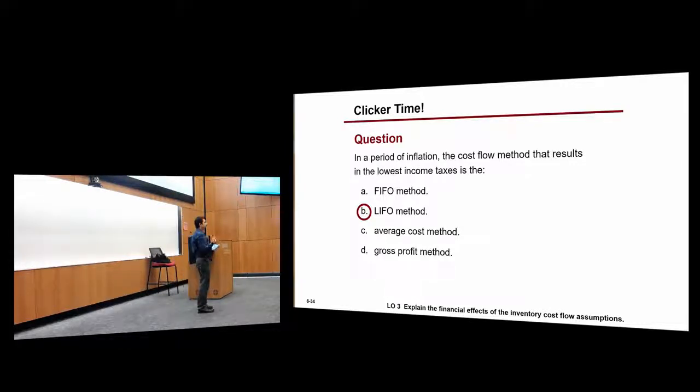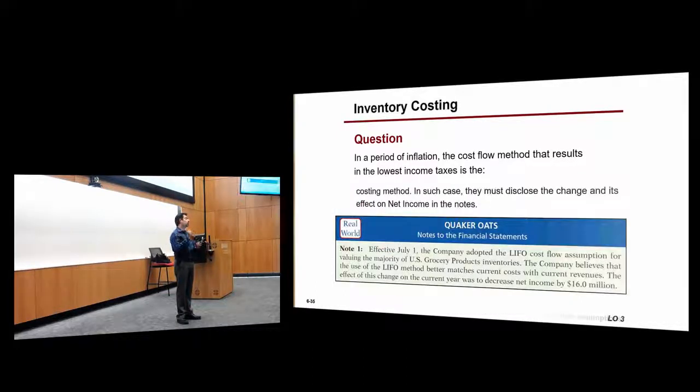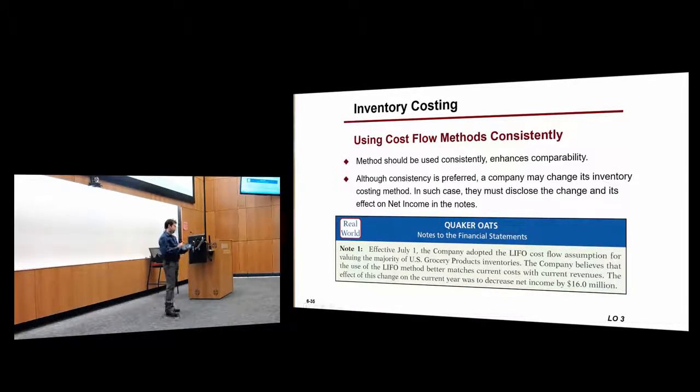Your cost of goods sold goes up. As a result, your net income will go down. So it will lead to the lowest net income. Because it leads to the lowest net income, the company will be paying the lowest income taxes.